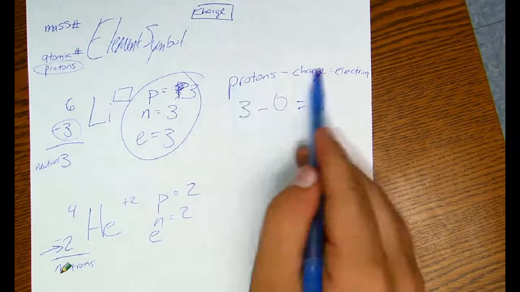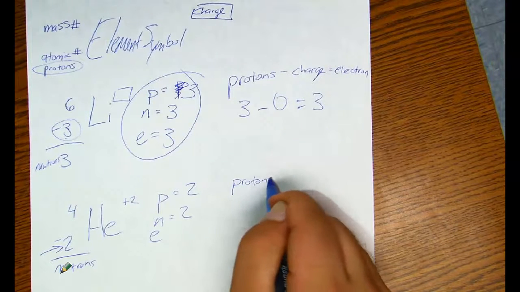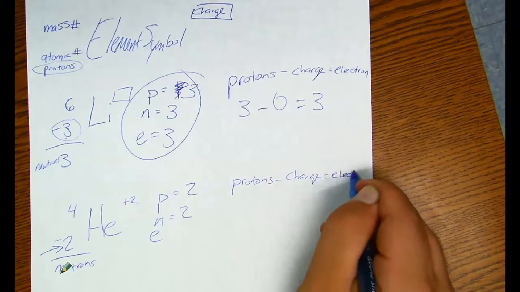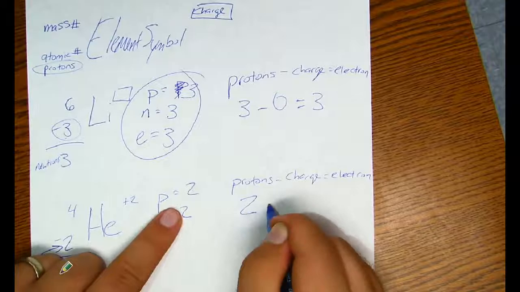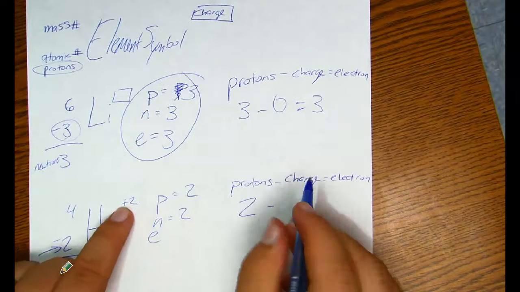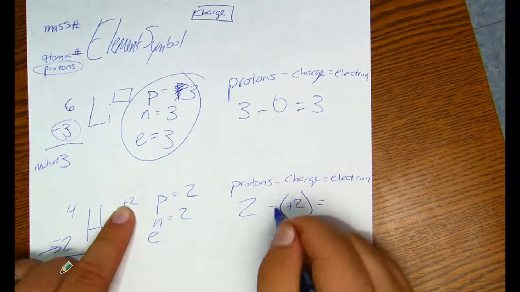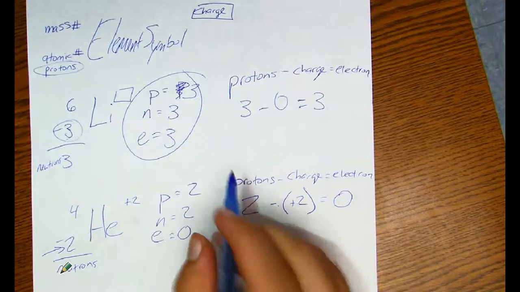Now I have to use this equation to get electrons: protons minus the charge equals electrons. I have 2 protons, minus my charge, which is a positive 2. What is 2 minus 2? So this has 0 electrons.